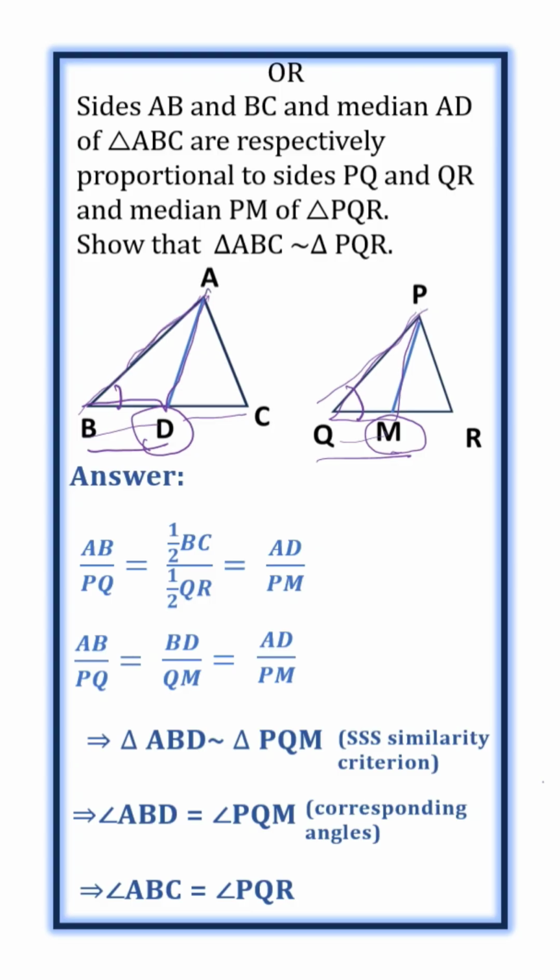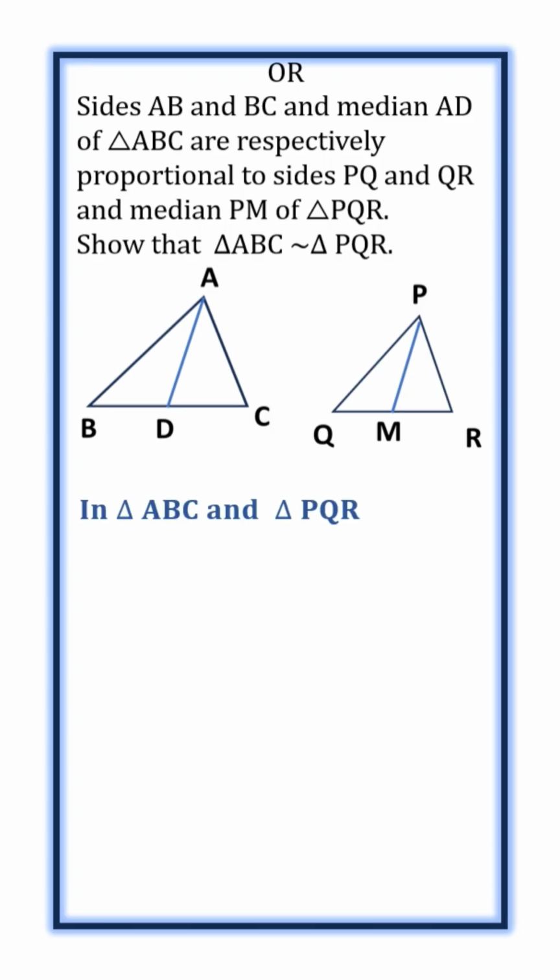PQM is also equal to PQR. So angle ABC is equal to angle PQR. In triangle ABC and triangle PQR, we have proved angle B is equal to angle Q.